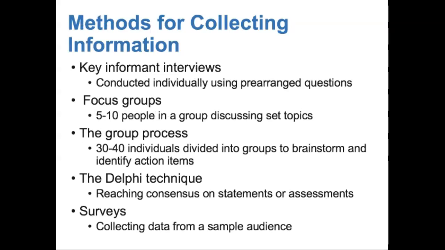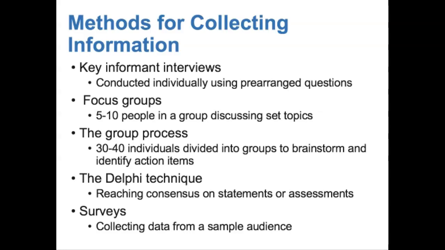We're not going to go into depth in each of these methods. Your evaluation course will do that, but just remember that key informant interviews will have a set of prearranged questions which are open-ended, and you'll conduct those with specific individuals that you've identified that you think have a lot of information that could be useful to you.